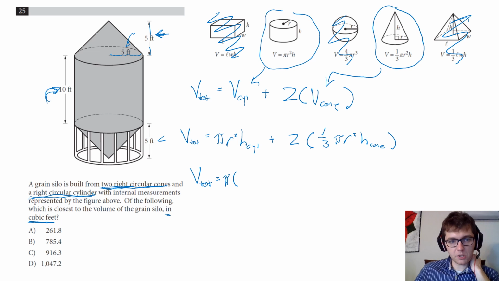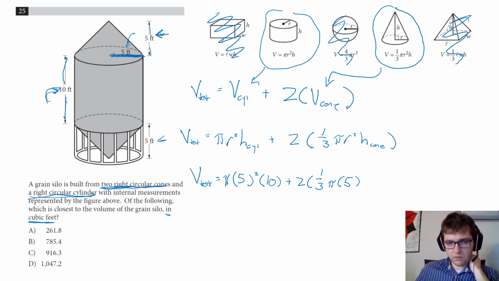Pi times the radius here is this 5 feet. So 5 squared times height of the cylinder. The height of the cylinder is just 10 feet here, so times 10 plus 2 times 1/3 pi. Again, the radius of the cone is again 5 feet.